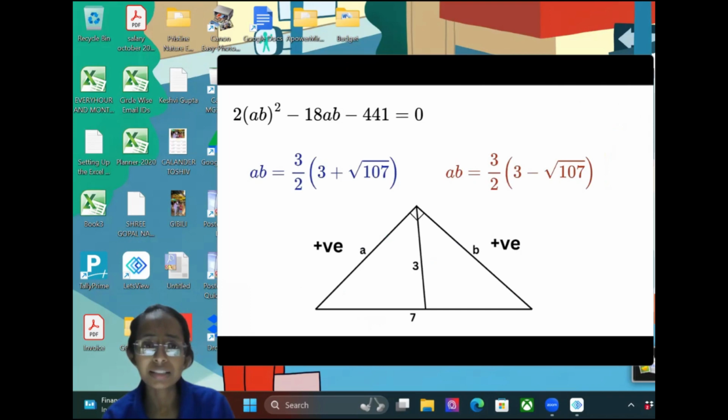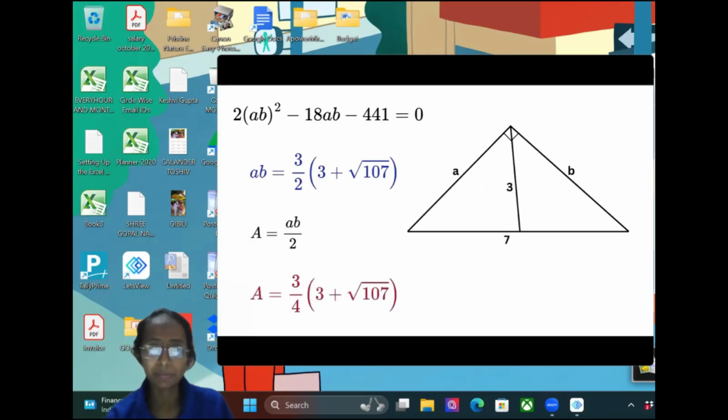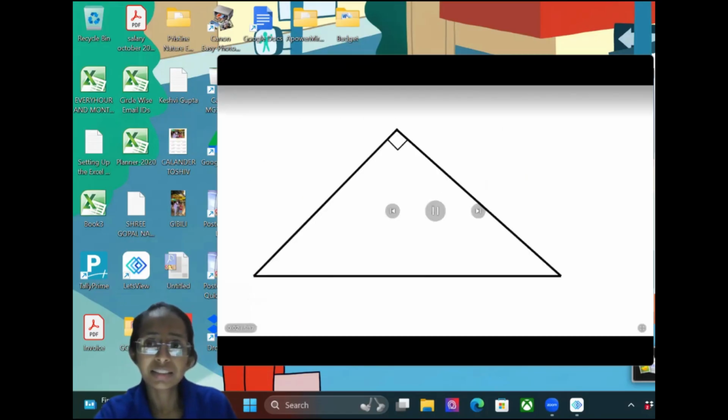Now both the sides should be positive because they are lengths. So we neglect the second part. We have A into B as 3 by 2 into 3 plus root 107. That means the area is 3 by 4.